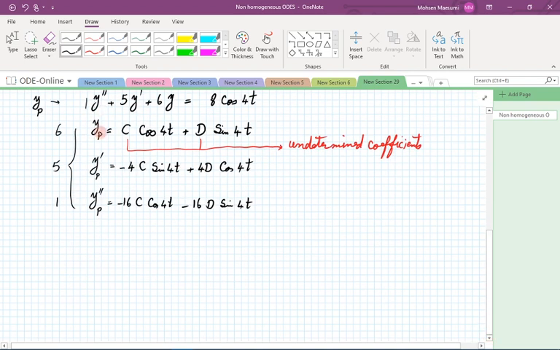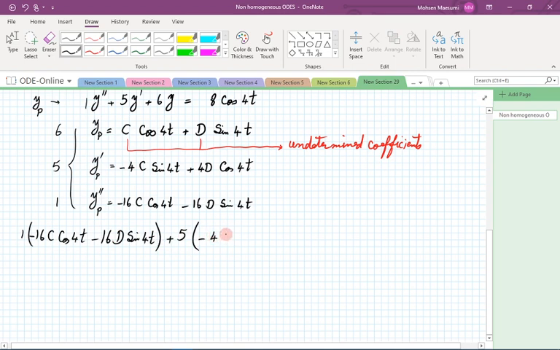So let's say one of this, so one of minus 16c cosine of 4t, and 16d, and the 5 of the middle.